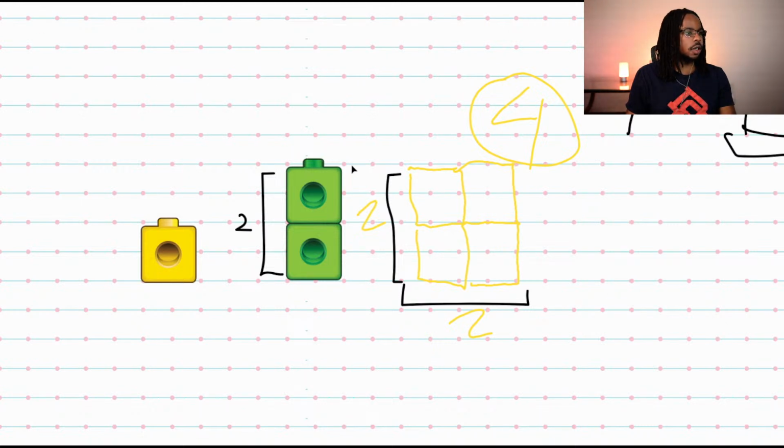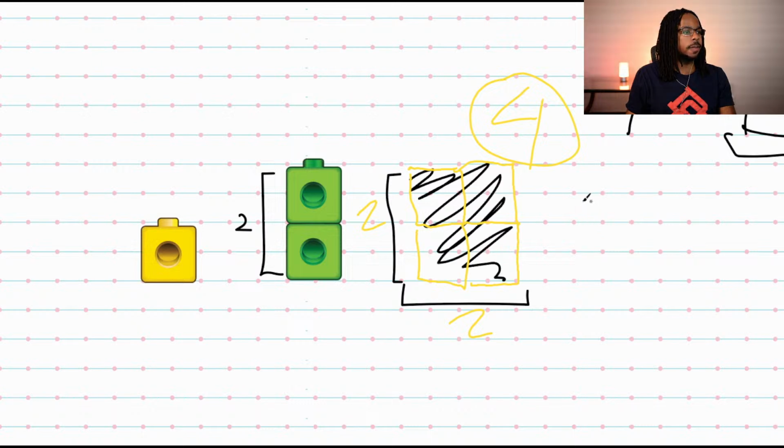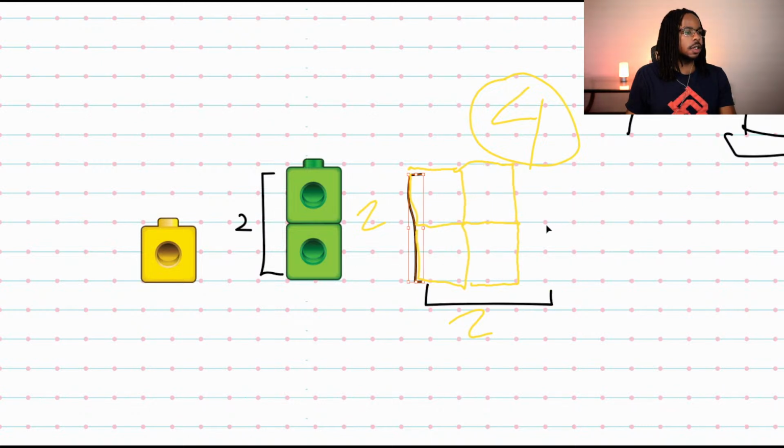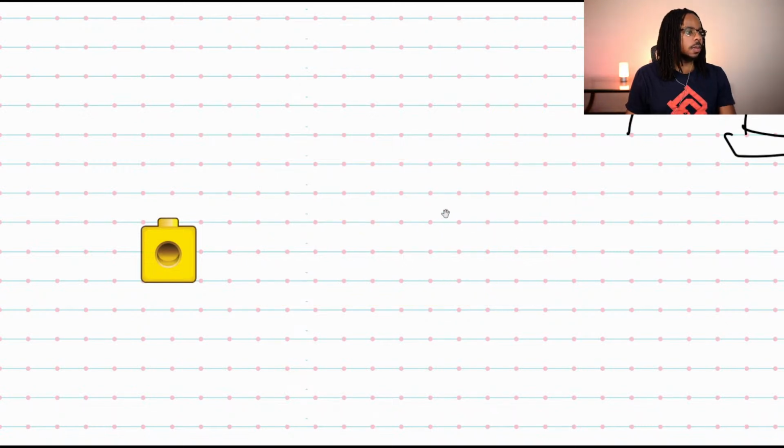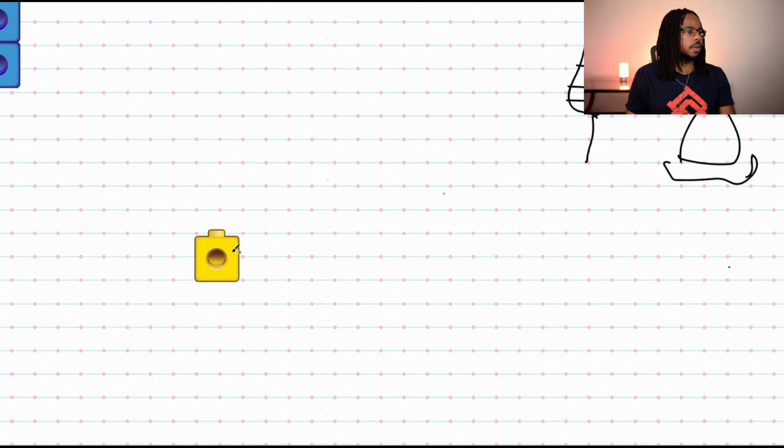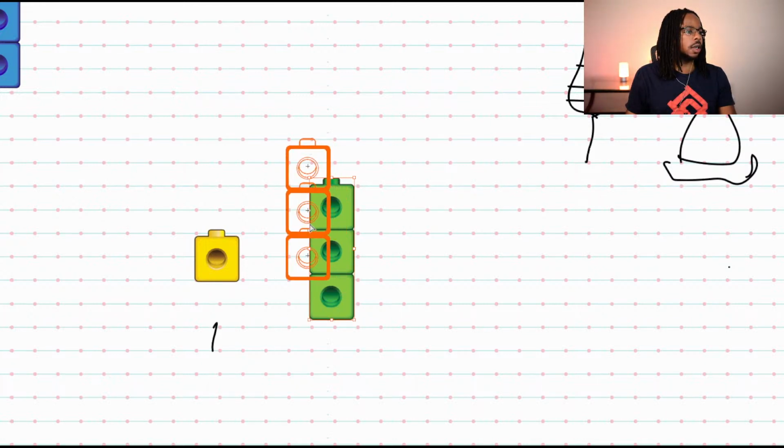Excellent. Very good. So now you're seeing how we're making the square, right? Excellent. Let's try another one. Go ahead and clear your annotations. So again, we have our point, single unit. What if this right here is our line?